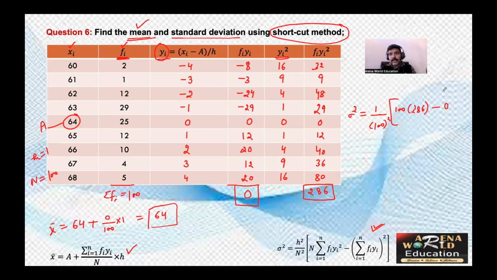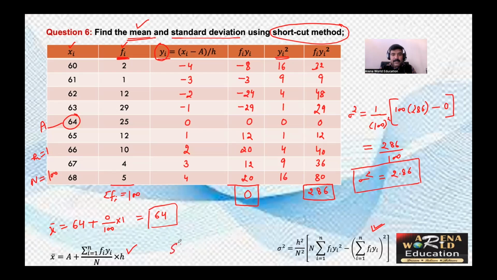So 0 square is 0. Now if we simplify this, 100 will be cancelled out and we will be left with 286 divided by 100, right? It means the variance will be 2.86.